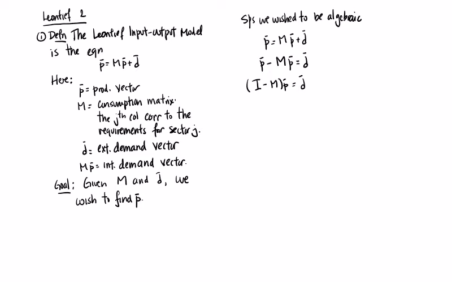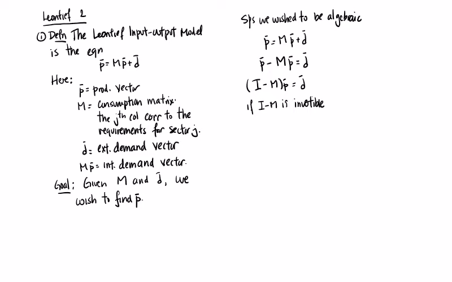And then I say, well, can I solve for P? I can't really divide by I minus M. That's a matrix, it doesn't make sense. So then you say to yourself, well, if I minus M is invertible, then I can multiply by the inverse, and then everything's great. Now, for what it's worth, most matrices are invertible, because remember, a matrix is invertible if the determinant is non-zero.